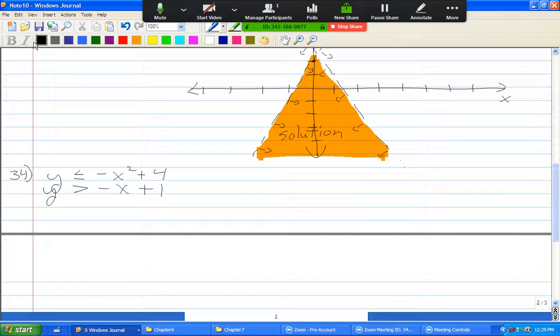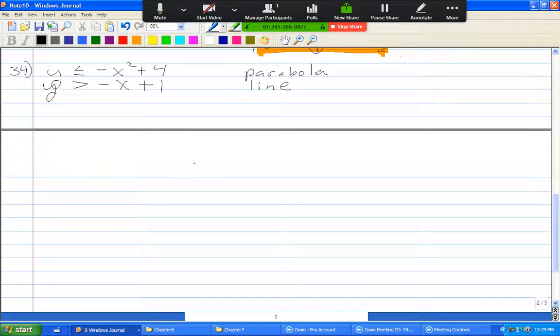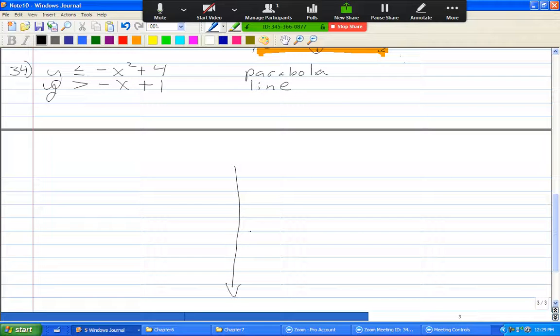So I notice that the first boundary line is a parabola, whereas the second boundary line is a line. And so let's solve this. All right, let's graph the solution.